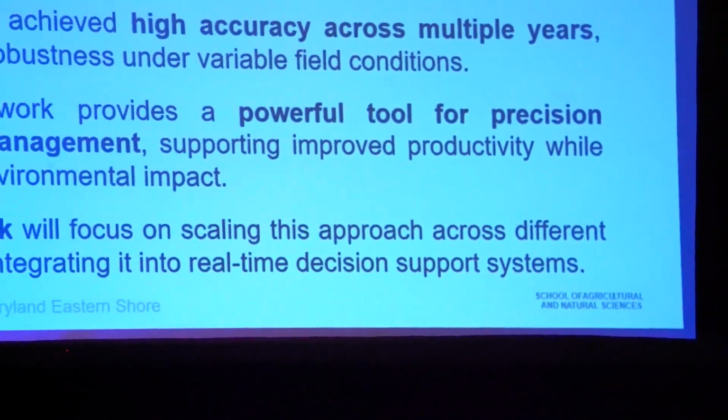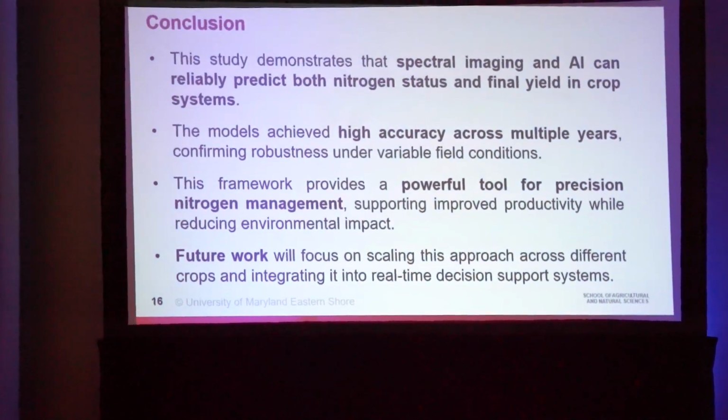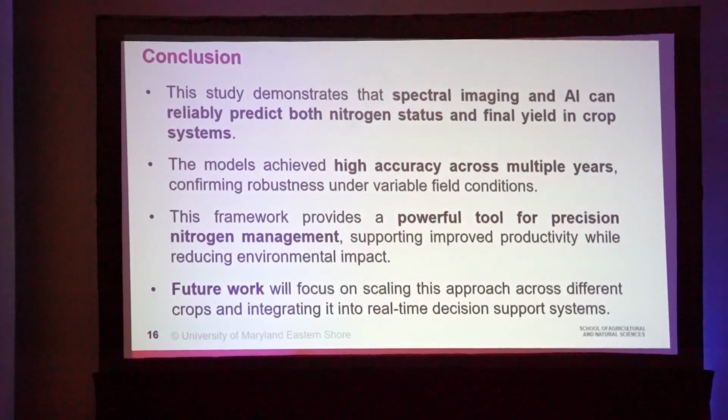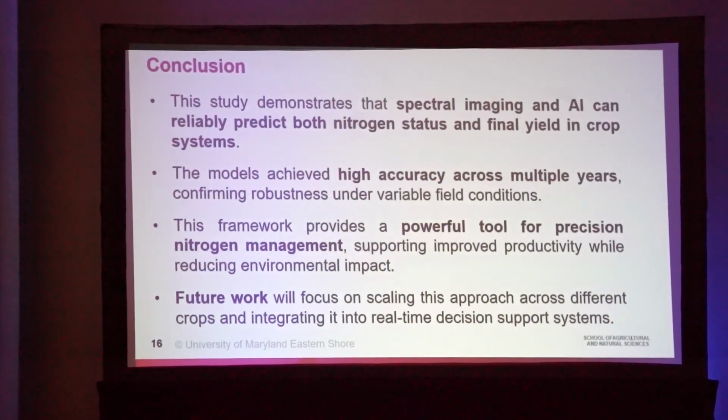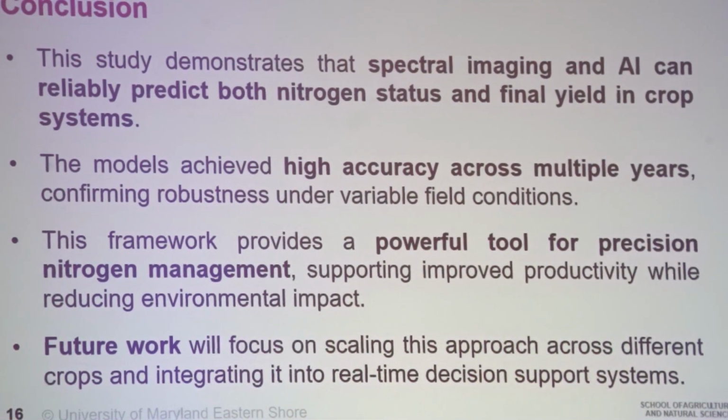What we are trying to do is adapt this to different crops, because the models were trained on one crop. We try to see how this can be adapted to different crops, and how it can be integrated with other tools like robotics for real-time decisions, as we move from precision agriculture to smart agriculture 4.0, where the devices and technologies can do everything for us from A to Z.